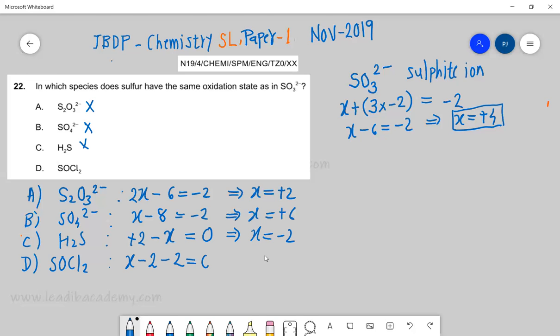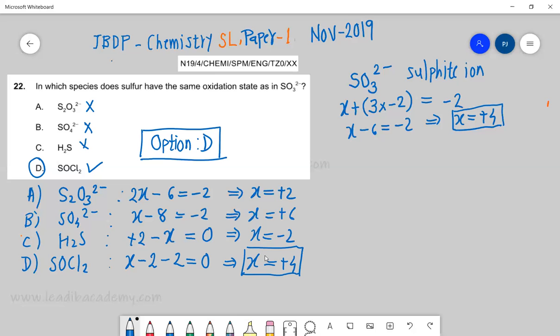Overall, it is 0. So that implies X is equal to +4. So this is what we were looking for. So this is the correct option. The correct option is D. Simple. Okay, so this was based on how to compute the oxidation states.